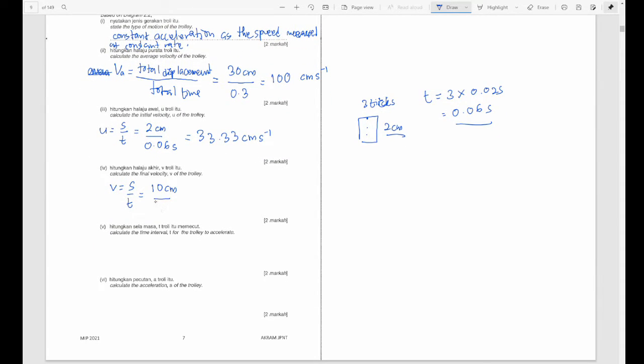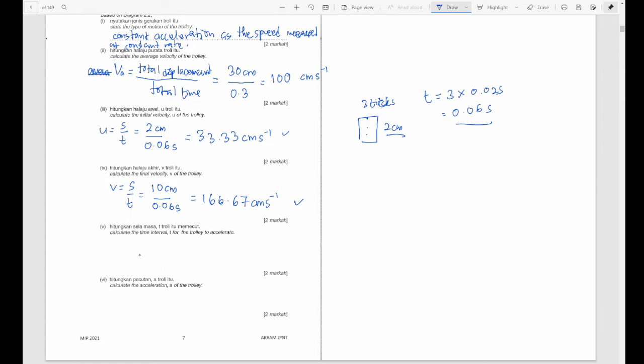The time taken is the same since they have the same number of ticks, so it is 0.06 second. So 10 divided by 0.06, you will get 166.67 centimeter per second.